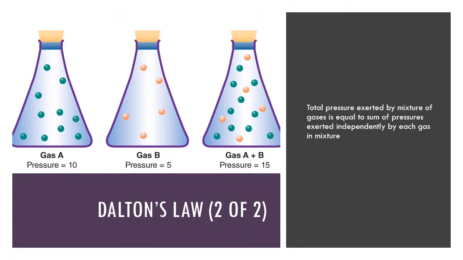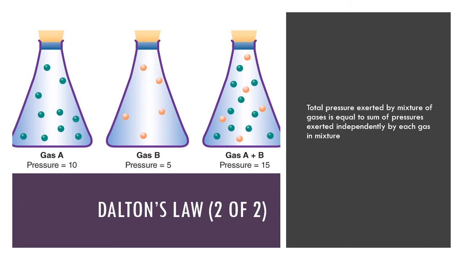For example, a gas mixture of gas A and gas B. Gas A has 10 molecules and exerts a pressure of 10. Gas B has only 5 molecules and exerts a pressure of 5.